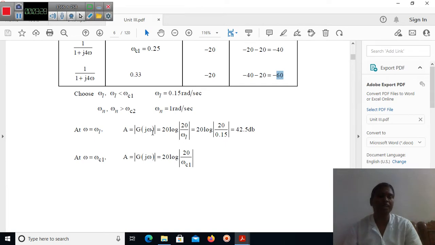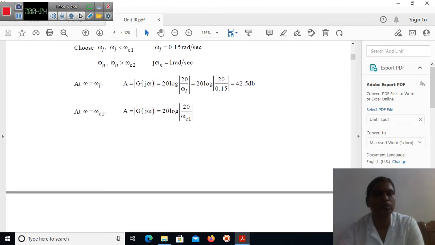In this problem, as our assumption, omega L equal to 0.15 radian per second, because our omega C1 is 0.25. And since omega C2 is 0.33, we assign omega H a value greater than omega C2, so we can consider it as 1 radian per second.